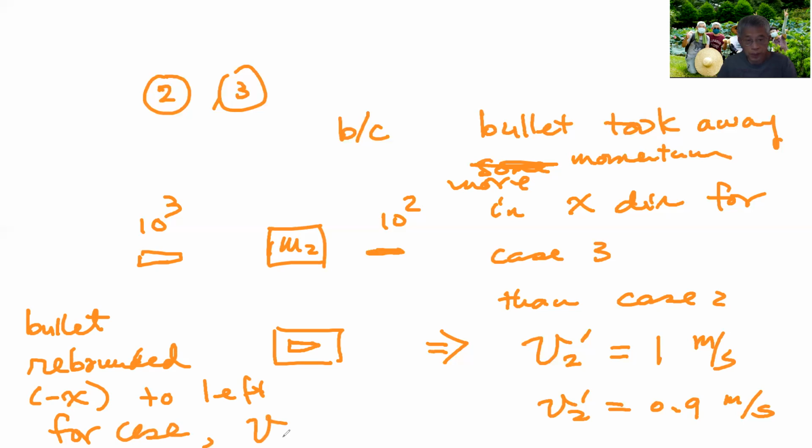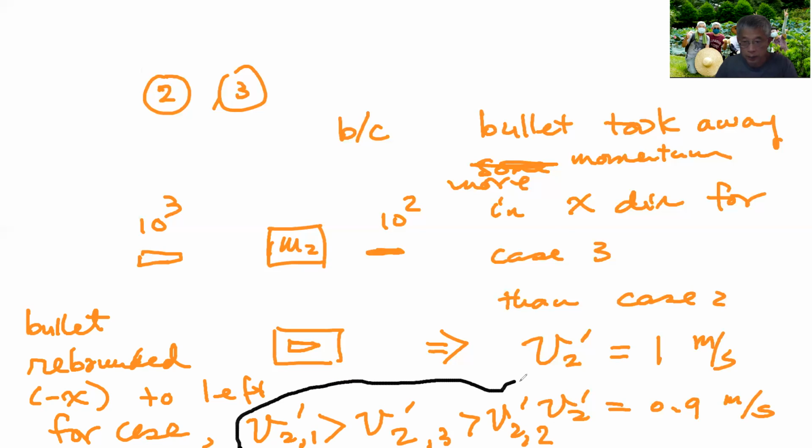So that's why v2 prime for case 1 is larger than v2 prime for case 3, and that is larger than v2 prime for case 2, okay? So that is your final conclusion if you analyze this problem.